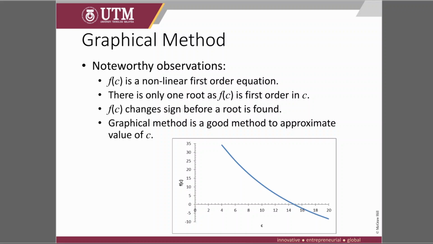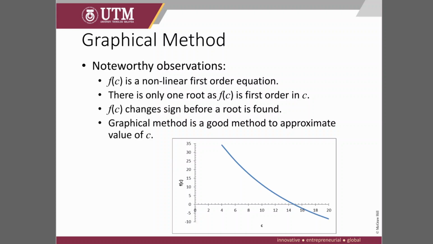In other cases, it might also look like this: negative, negative, negative, root, and then positive, positive, positive. So that is another possibility for finding the root. As long as there's a change in sign, we know the root is somewhere there. The graphical method is a good way to approximate the value of c, just a good approximation.